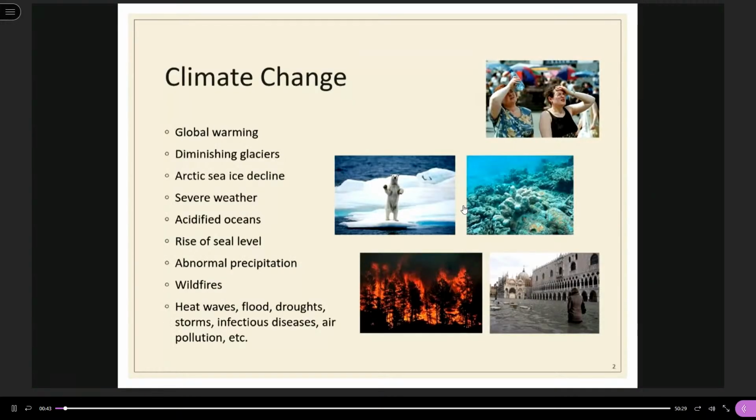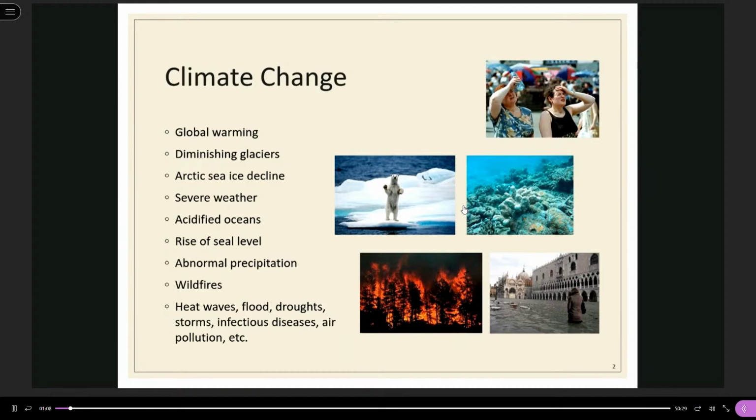We have the flooding in Venice, and we have the outbreak of the virus, different kinds of virus. All these are actually contributed by climate change.